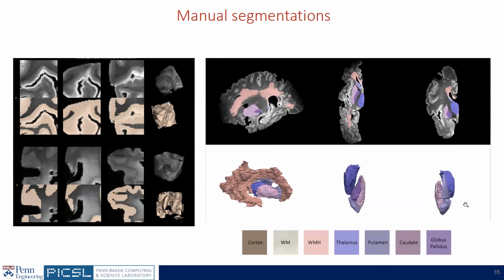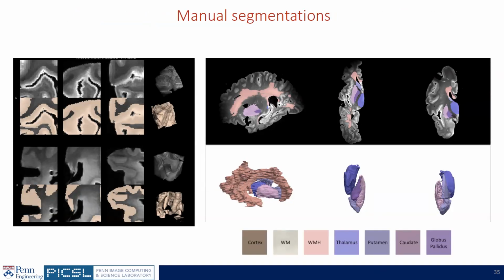In particular, I'll tell you about how we segmented cortex, the white matter hyperintensities, shown here in pink, and then the 4 subcortical structures over here: thalamus, putamen, caudate, and globus pallidus.